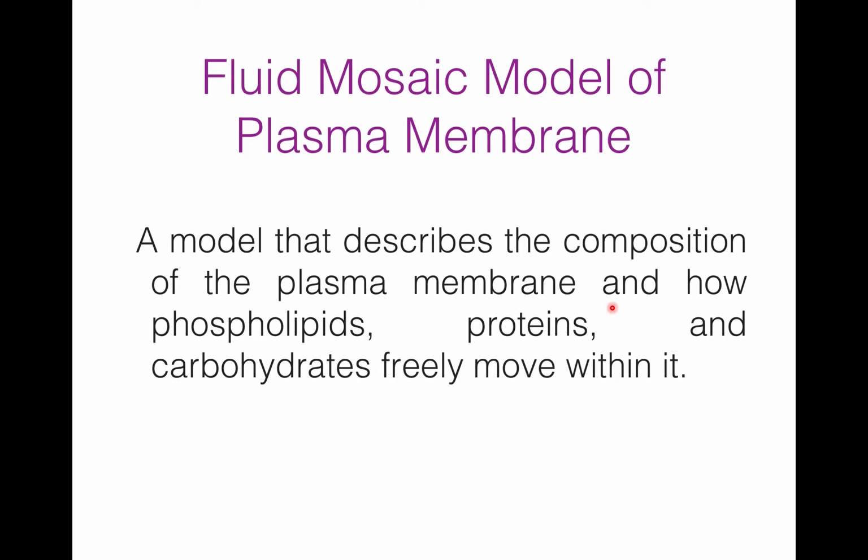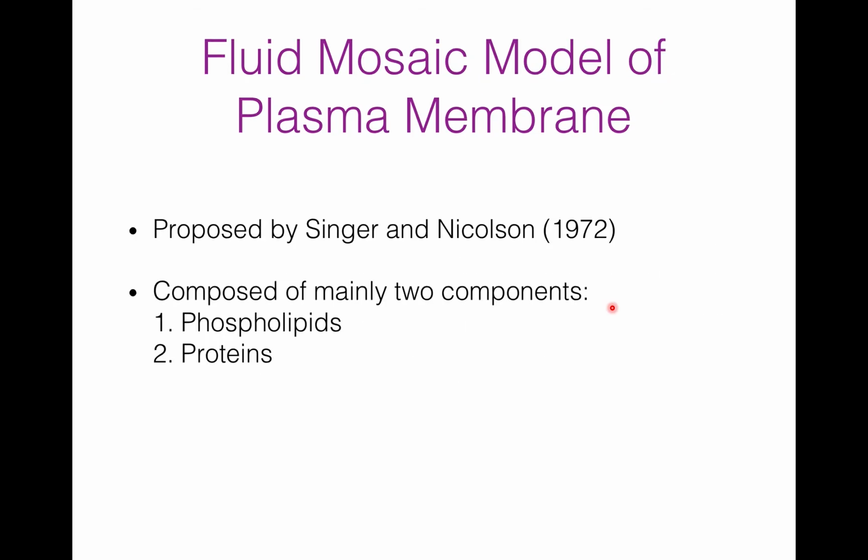Now, fluid mosaic model. It is a model that describes the composition of plasma membrane and how phospholipids, proteins and carbohydrates freely move within it. This model was proposed by S. Jonathan Singer and Garth Nicholson in 1972.